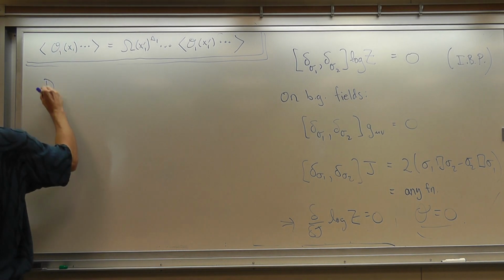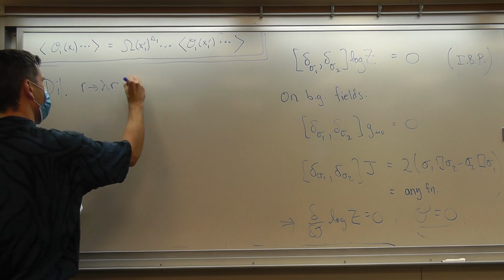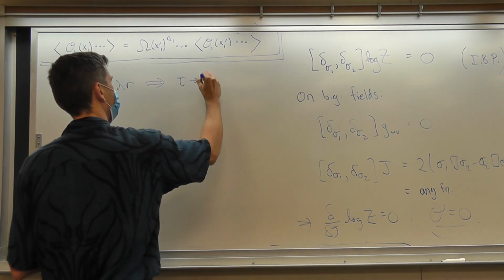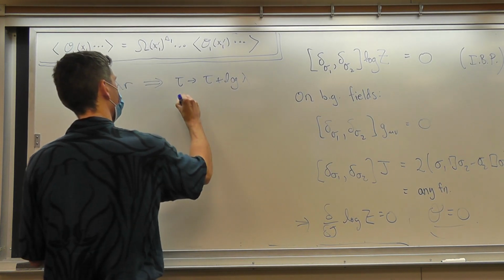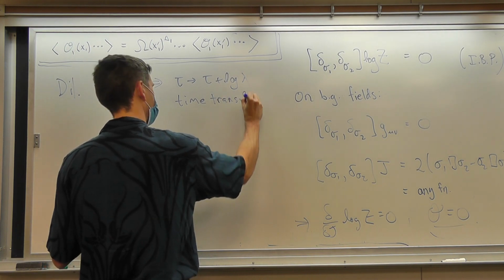So the dilatation r to lambda r becomes tau to tau plus log lambda, which is a time translation on the cylinder.